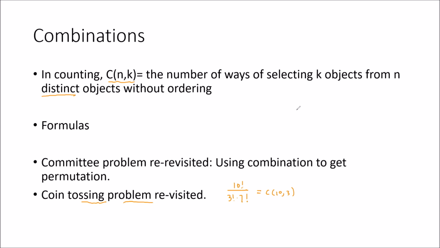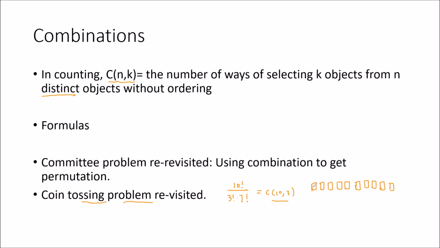All right, so the different argument for this is the following. You toss a coin 10 times. So literally you have 10 positions, and these positions are different. And then you're going to choose 3 positions and put H there, 3 heads, right?